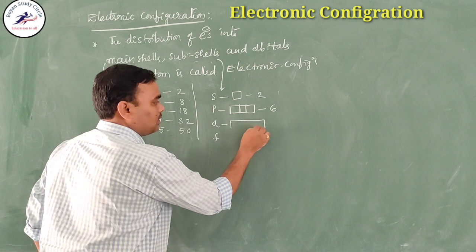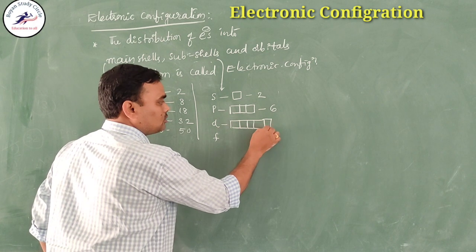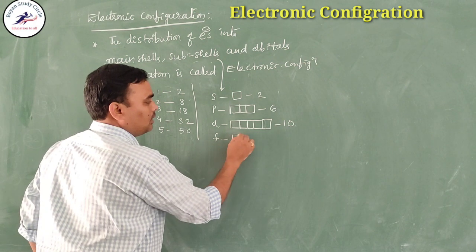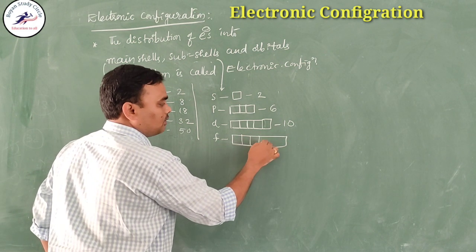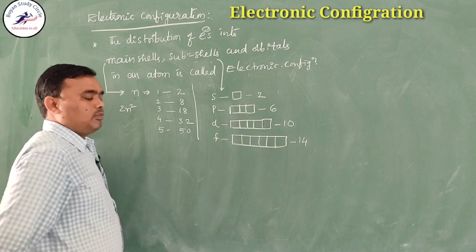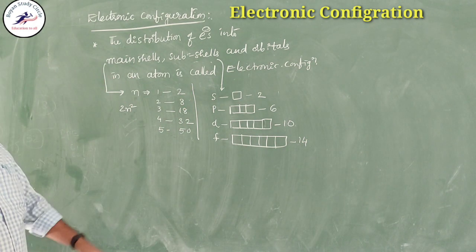In the D subshell there are 5 orbitals, so 5 into 2, 10 maximum can be distributed. In F there are 7 orbitals, so 14 electrons can be maximum distributed.